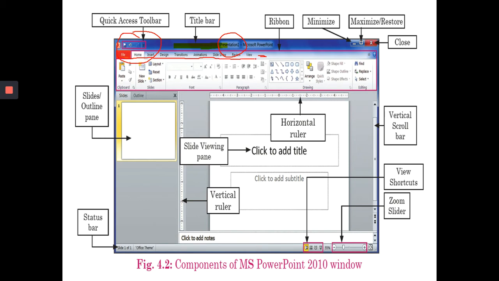All these options are called tabs. Now the tabs are contained in the ribbon area. This is the ribbon area where all these tabs are contained. Now, under these tabs, we will get different options to make our presentation. Okay, all the options for making your presentation are located under these tabs, and the tabs are located within the ribbon. Clear?